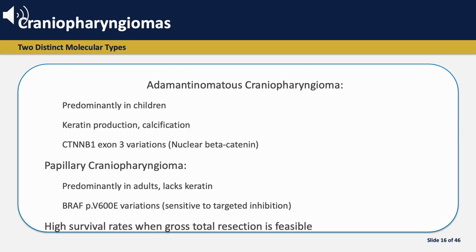By contrast, papillary craniopharyngiomas lack keratin production, occur predominantly in adults, and harbor activating BRAF V600E variations, which render them particularly sensitive to targeted inhibition. In general, survival rates are high when gross total resection is feasible for these tumors.